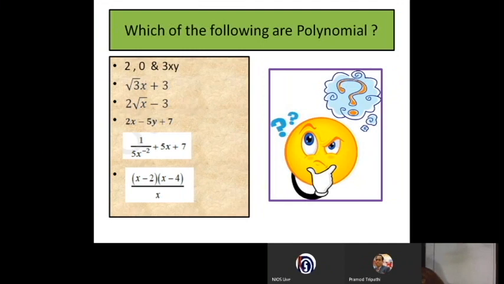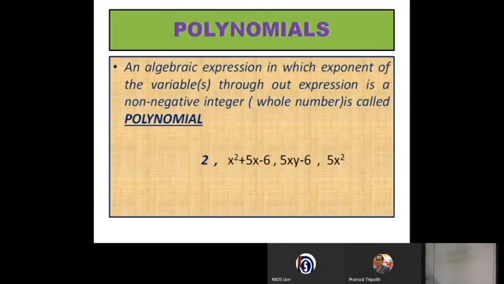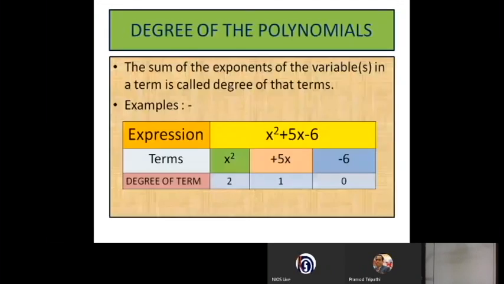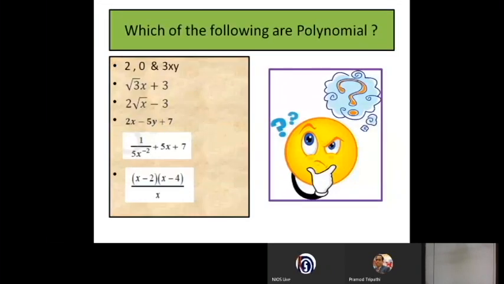Now we come to the solution part here. In the first example, 2. So think whether 2 is a polynomial. You will say that there is no variable.